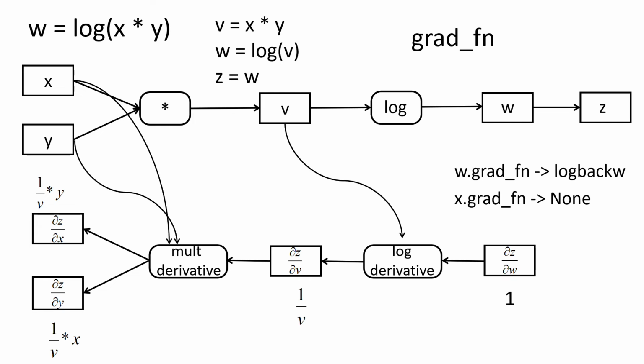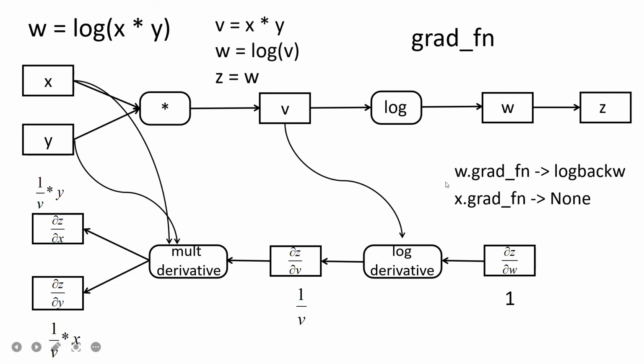Now with whom will these be associated? It will be associated with those which are not independent or leaf. So we see W was found out by using, or V was found out by using independent variables. So v.grad_fn can be used. I haven't written it over here, but it can be used. And what will be the value of that?